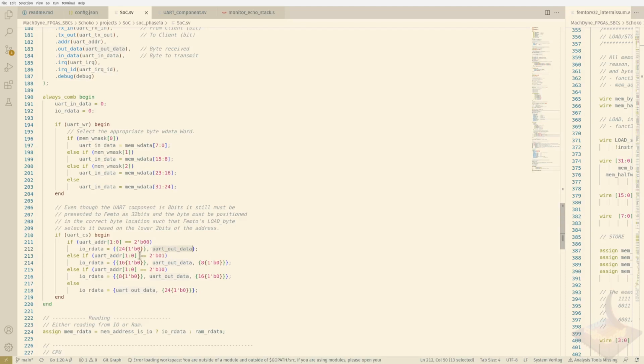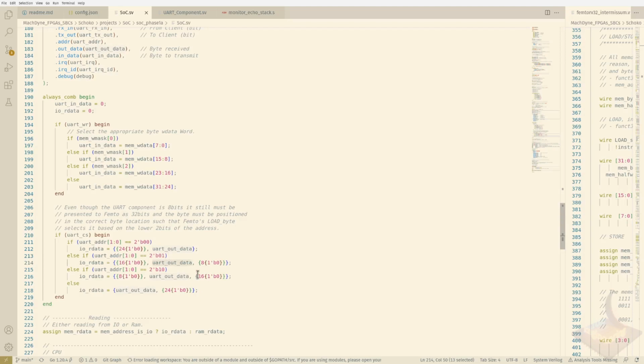because Femto is going to see it aligned to the 0 address. If we're reading the 01 register in our UART address, we need to actually put that data right here because, again, the Femto will see the UART component as a single 32-bit word. It's at 4 different locations in memory, but they're spread out 1 byte at a time.